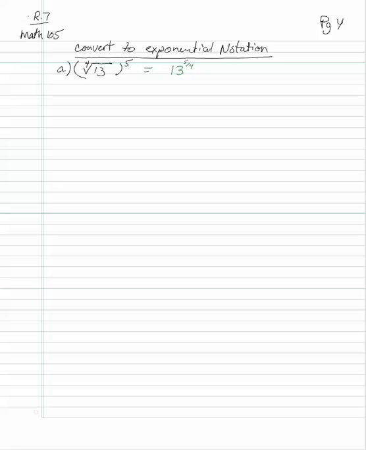So 4th root of 13 to the 5th is 13 to the 5/4. Cube root of 20 squared. Again, the index is the denominator, 2 is the power, so that's the numerator. So it's simple as that.